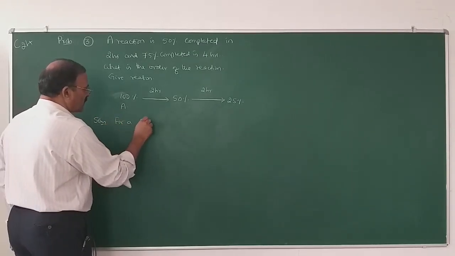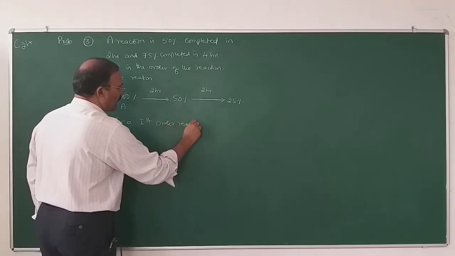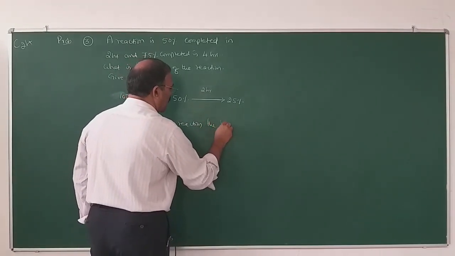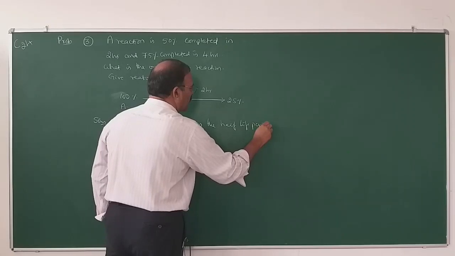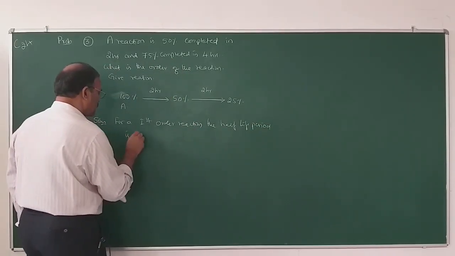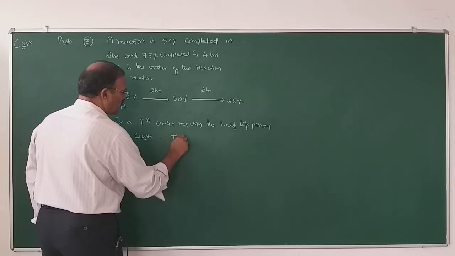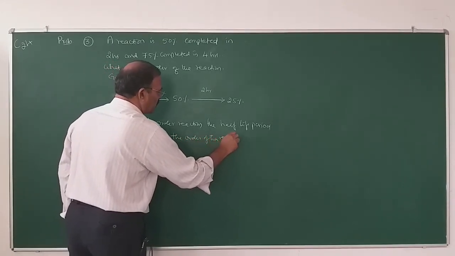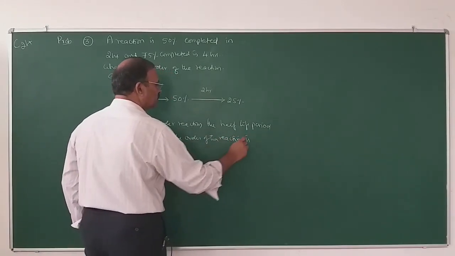For a first order reaction, the half-life period is constant. Therefore, the order of the reaction is first.